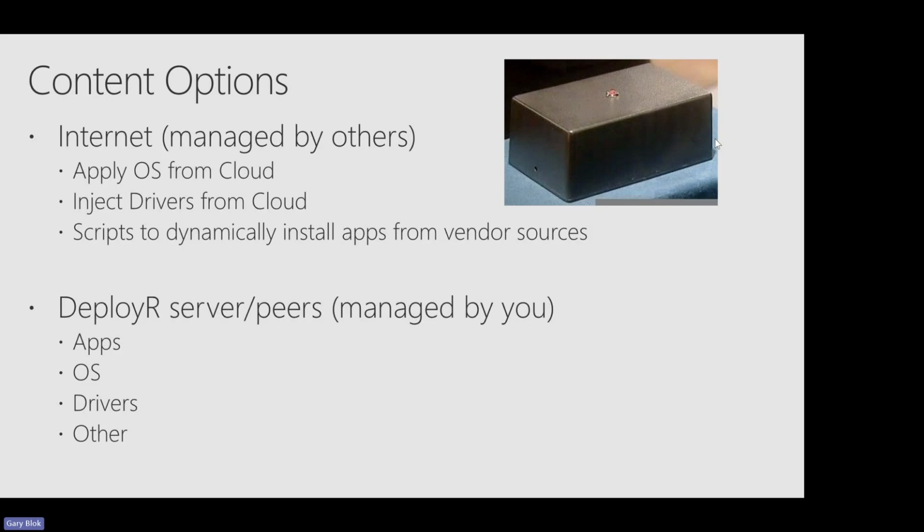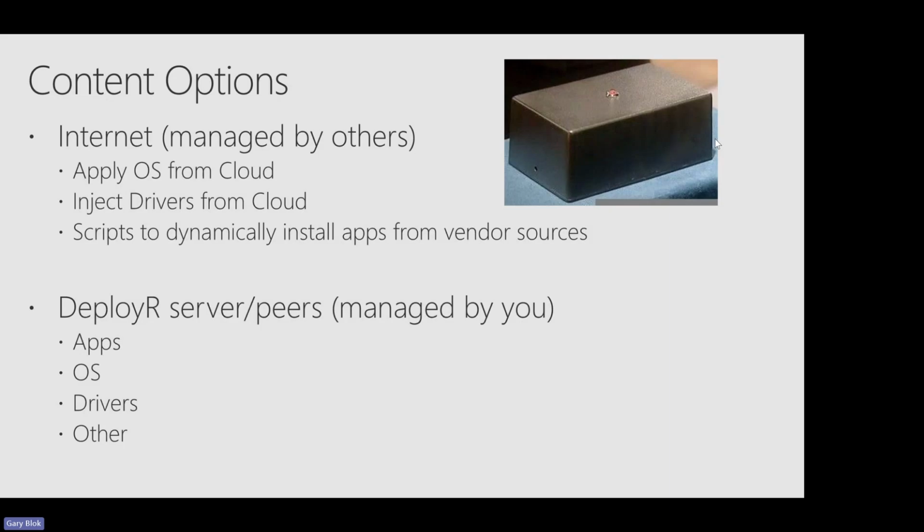So any content item that you upload to DeployR that's managed by you is going to become peerable using BranchCache. This applies to applications, so you can fully define and upload all of your applications into DeployR. Operating systems.